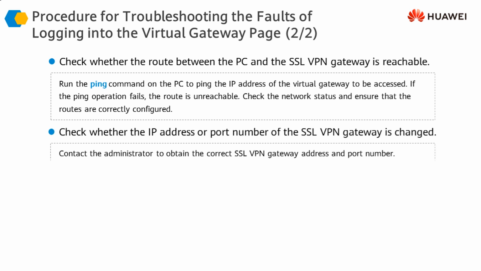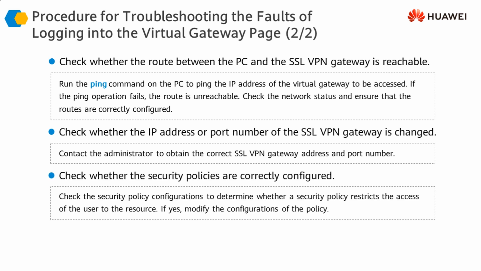If that is correct, then we should check the IP address which has been configured on the VPN gateway, whether the correct IP address has been configured. We can check with the gateway or the firewall administrator whether the policies are actually allowing this client IP address to access the SSL VPN gateway or the firewall or not.